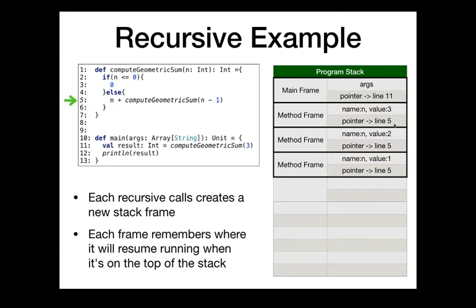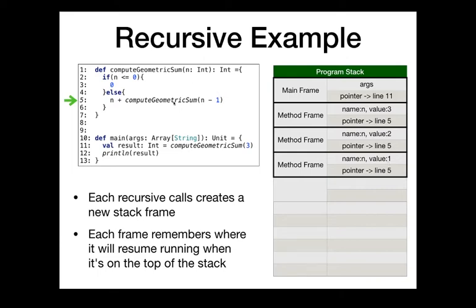Once it does return, it's going to resume execution on line 5 and continue with the end of its method. That method, base case was false, got stuck on line 5, making the recursive call with n equals 1, with an input of 1. And here we're on this call. The base case is still false.